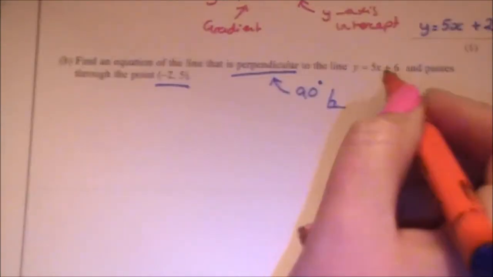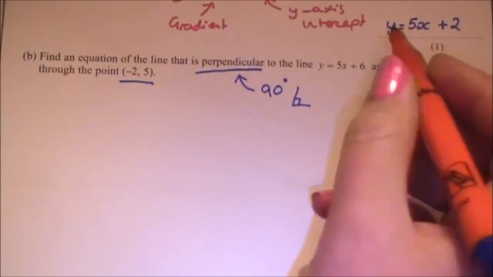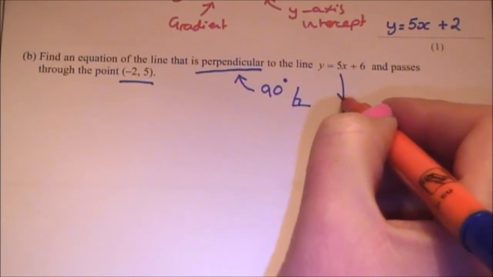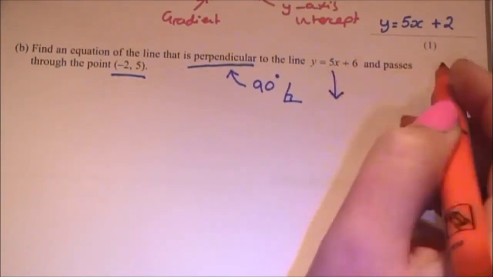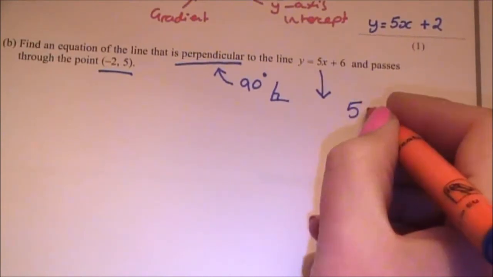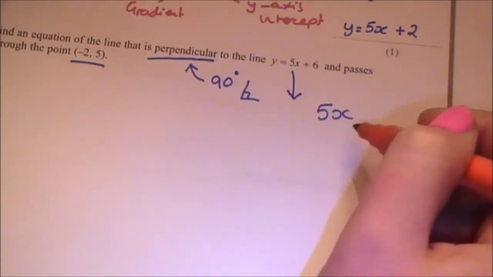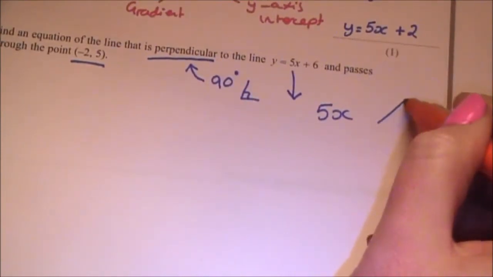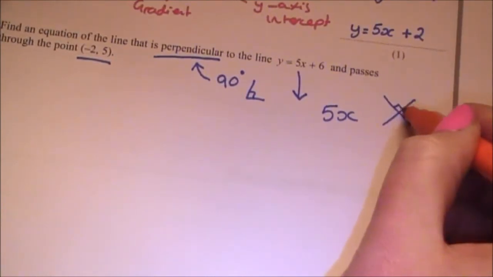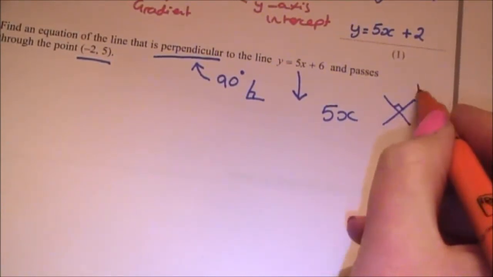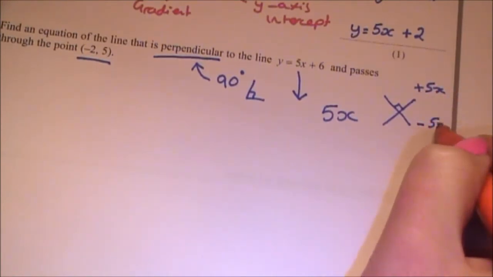Now, if you've got a perpendicular line, the major effect that that's going to have is on your gradient. Now, you may be thinking, oh, well, if 5x is the gradient of a positive line that's going up that way, if I'm doing a perpendicular line, something that crosses at 90 degrees, then it makes sense that if that's positive 5x, this would be negative 5x.